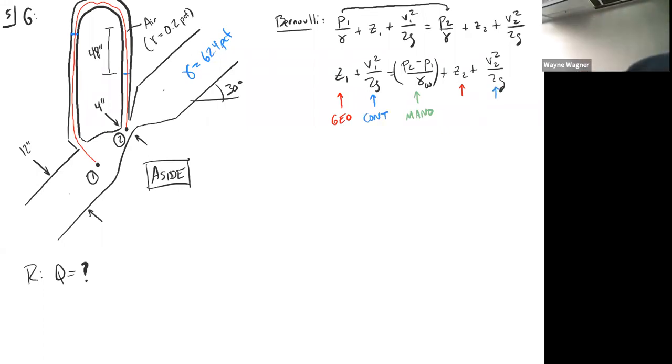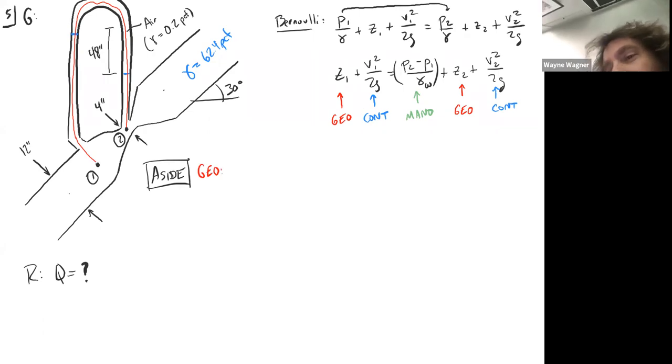Ultimately that's what we want, a velocity, because we know the geometry of this problem. So if we have the velocity, then we are good to solve. Okay, so here are my asides, and I'm going to think about each of these equations in turn. We'll start with the geometry for Z1 and Z2.